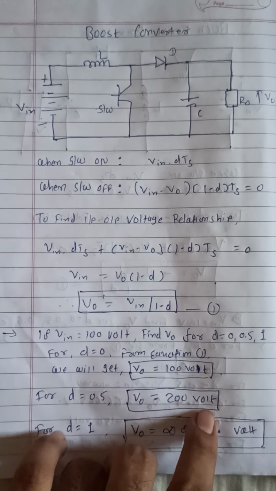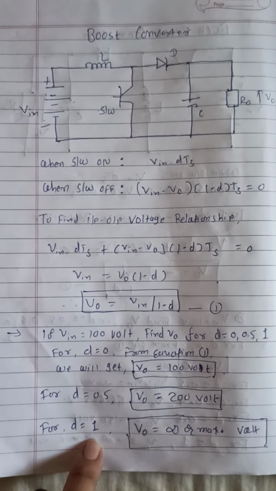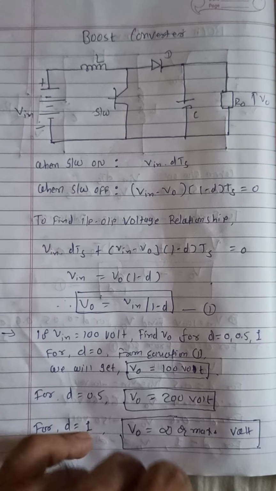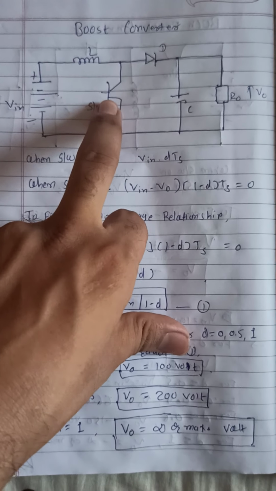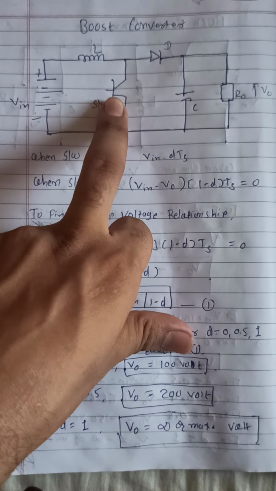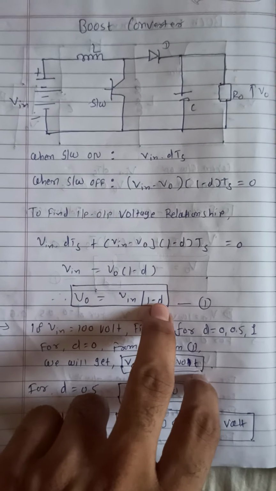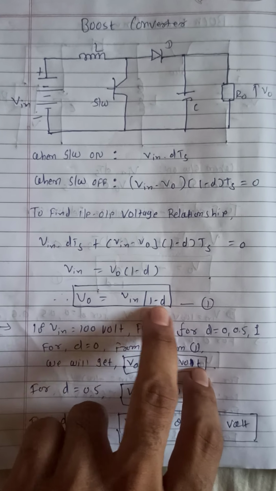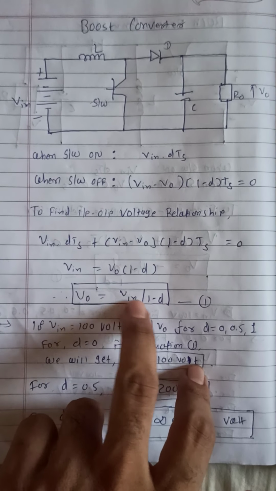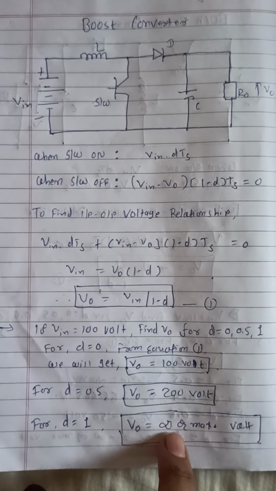And D is equal to 1, the third case. For D equal to 1, what does it mean? D equal to 1 means your switch is permanently on. So at that time, put D equal to 1 here: 1 minus 1, so 100 divided by 0. That means infinite, or you can say maximum.